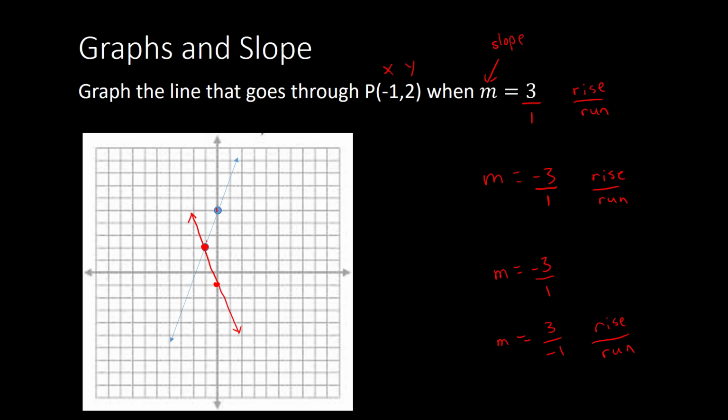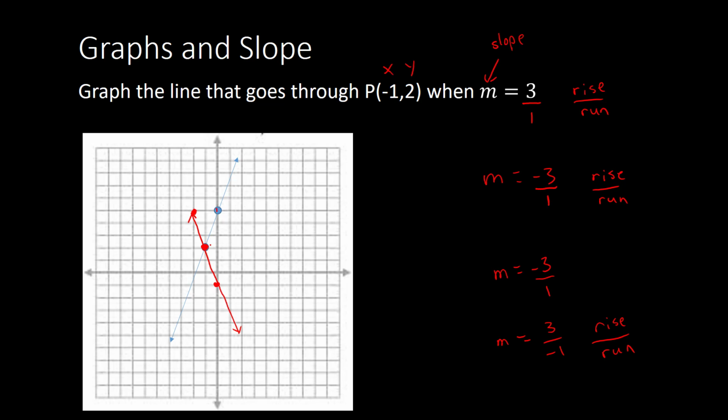So rise is up and down. It's a positive, so I go up 3. 1, 2, 3. And then the run is negative 1. So the run is negative 1, so which means I'm going to go in the negative direction, left and right. So negative would be to the left, so I go to the left 1, which takes me right here to this point.